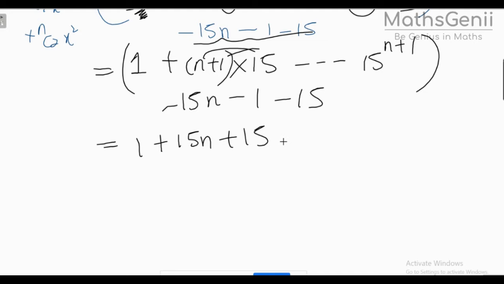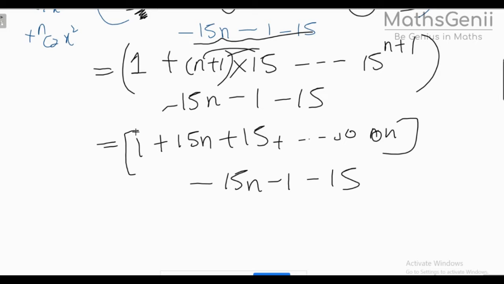Then you have so on, minus 15n minus 1 minus 15. So what I'm doing now is plus 15 minus 15 cancels, plus 1 minus 1 gets cancelled, minus 15n plus 15n gets cancelled.